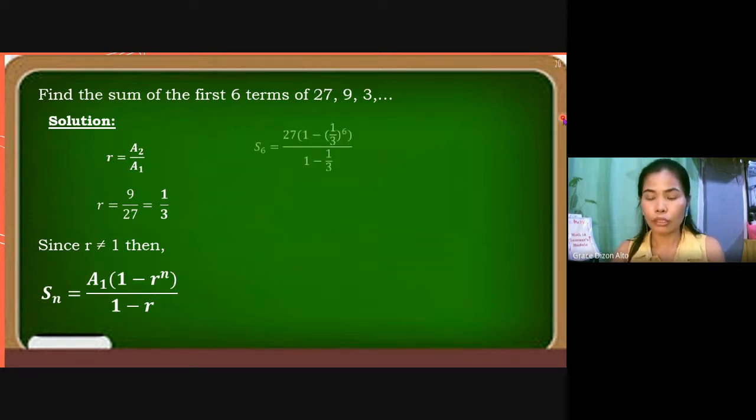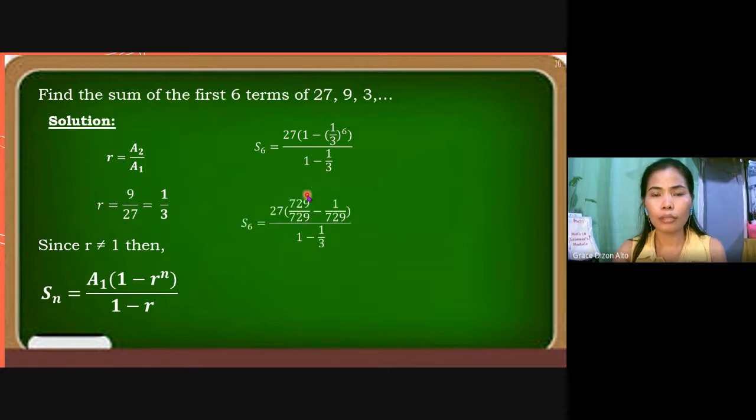So substituting all the values we have there, 27 times 1 minus 1/3 raised to the power of 6 all over 1 minus 1/3. So dito lang po yan galing ang 1 minus 1/3. Kopyahin nyo lang na yan. And then simplify: 1/3 raised to the 6th power will become 1 over 729. That's 1 raised to 6 over 3 raised to 6.